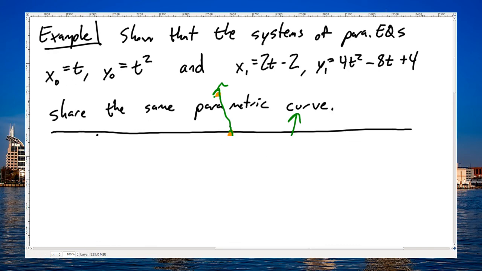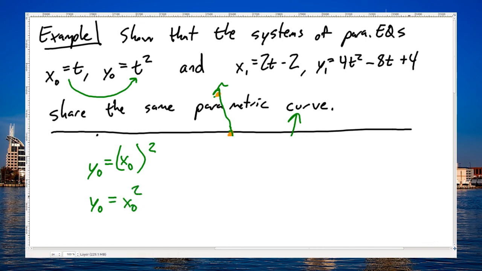Okay, so let's take both of these. I've got x is t and y is t squared, or x naught and y naught. Since x naught is equal to t, I can just plug in x naught for t. That immediately gets me that y naught is equal to t squared, and t is equal to x naught, so y naught equals x naught squared.